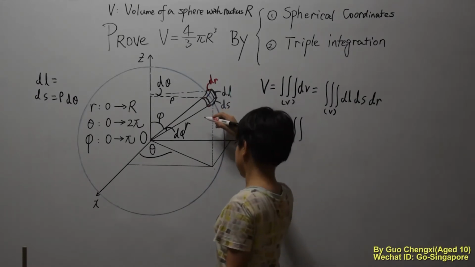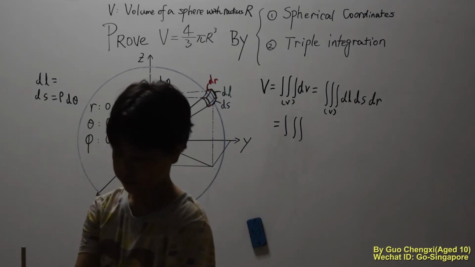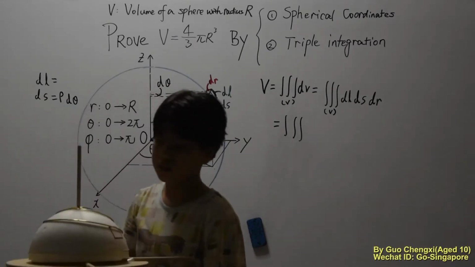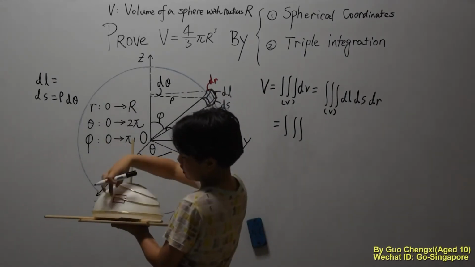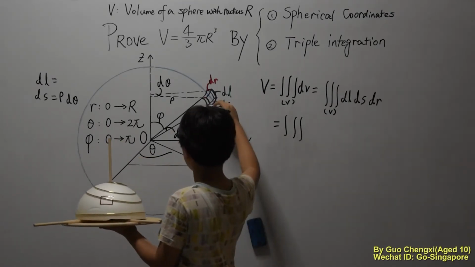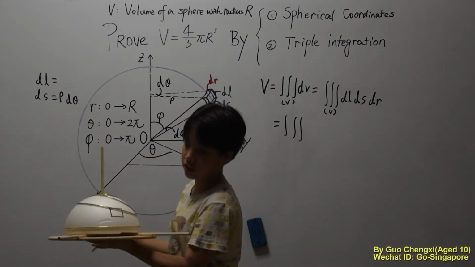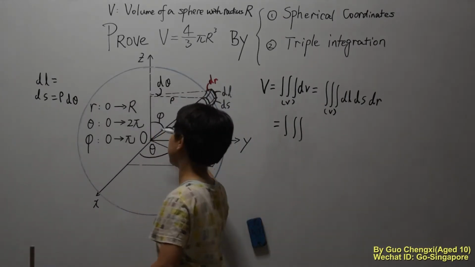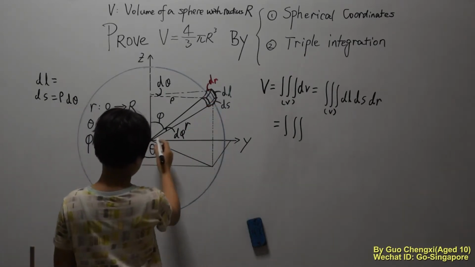But don't get confused with these two arcs that I told you before, because instead of being horizontal, this will be vertical. So basically now that all these are vertical, it will be R, okay?